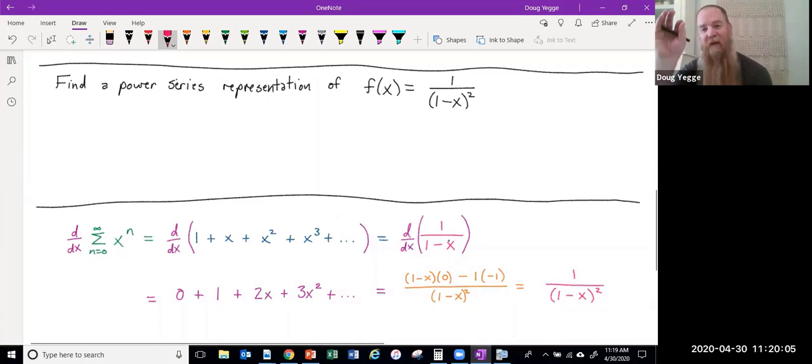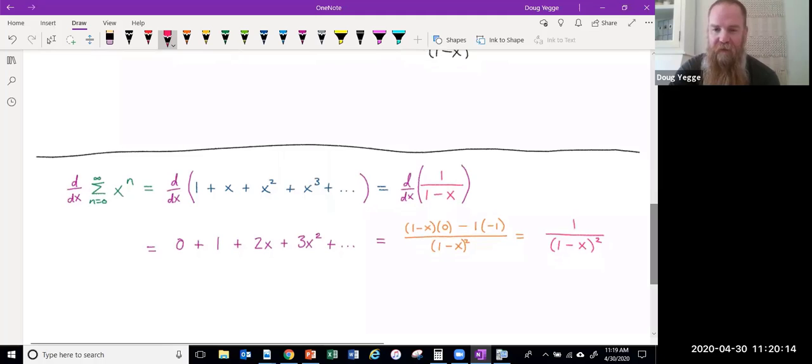Now, there'd be no way for me to notice that, obviously, okay? But we do see that it turns out to be the derivative of 1 over 1 minus x, which is great. So let's go ahead and see if we could come up with a formula that would essentially tell me what the expansion of this would be.